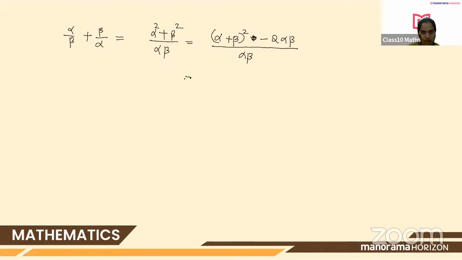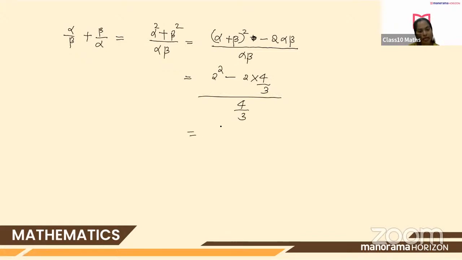We already found alpha plus beta, which is 2. So this is 2 square minus 2 into alpha beta, the value is 4 by 3, divided by alpha beta, that is 4 by 3.